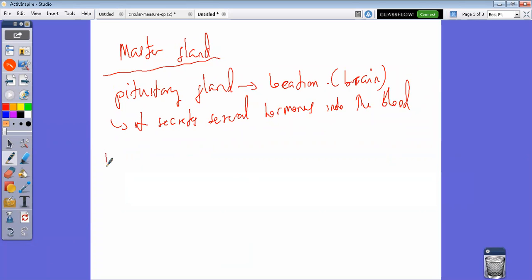What other gland do we have besides this one? We've got the thyroid gland. Clear?